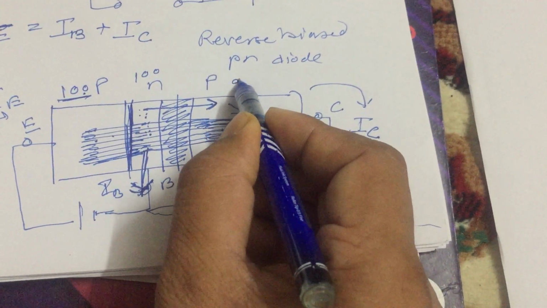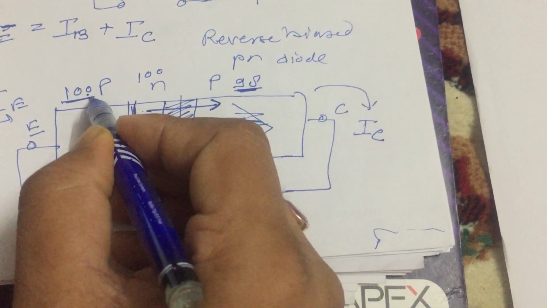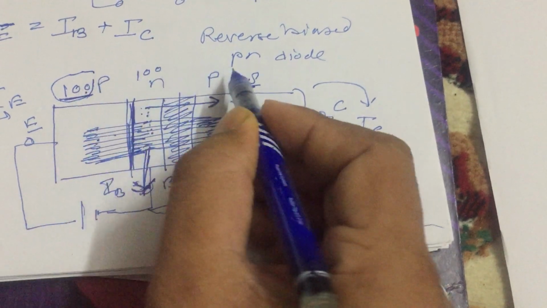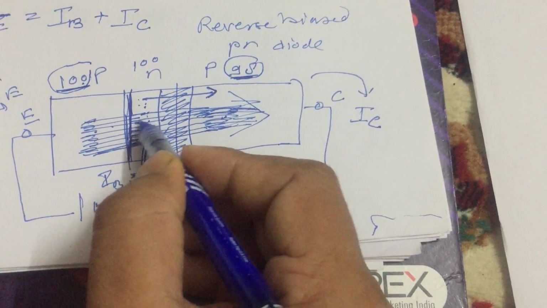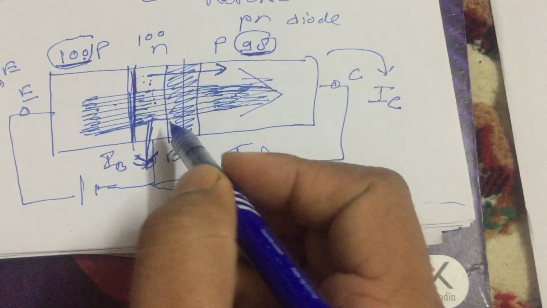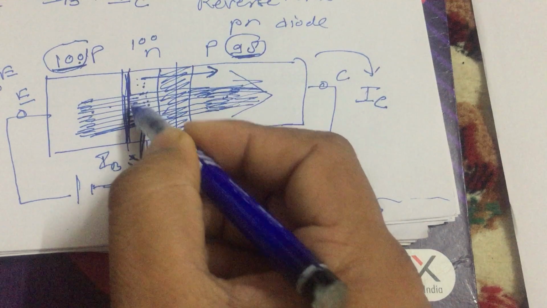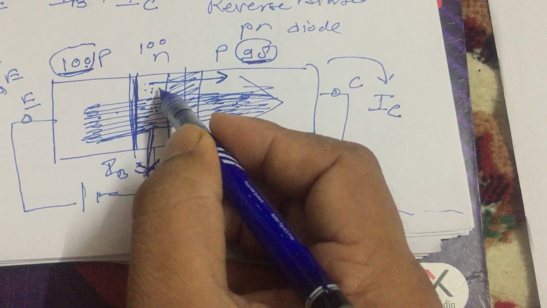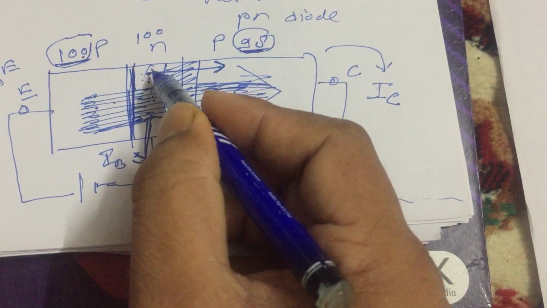So here 98 holes will be able to cross the junction. So this is the emitter current and this is the collector current. Now two electrons will recombine in the base region, so we can say there is a deficiency of two electrons in the base region, because two electrons recombined with holes.